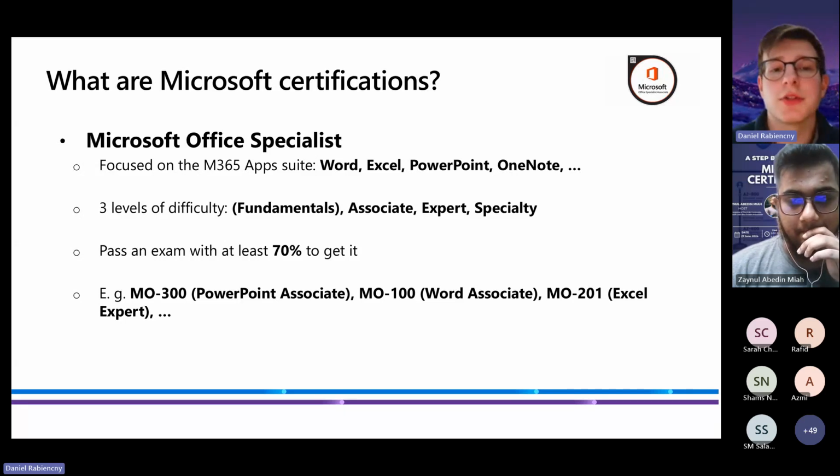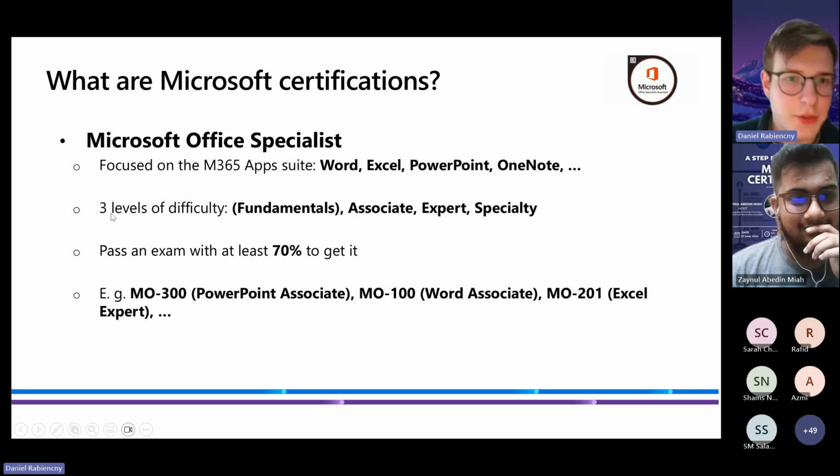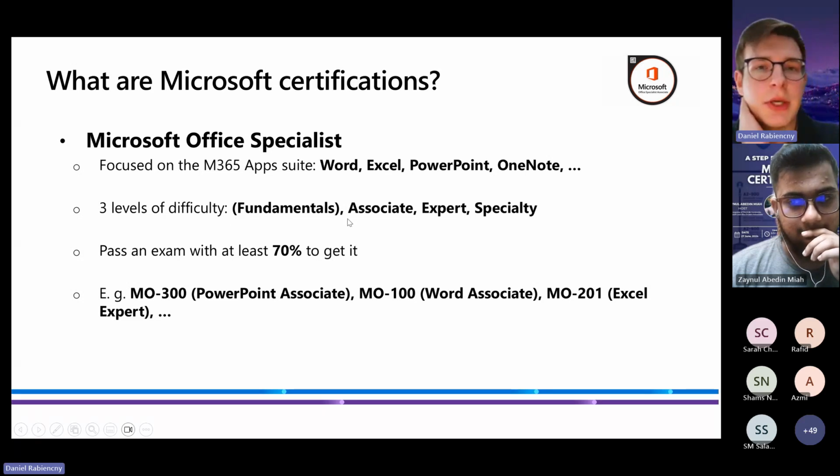There are also 3 levels of difficulty, same as with Microsoft technical certifications. I see that I put one thing wrong here, but never mind. There are 3 levels of difficulty, basically: fundamentals, associate, and expert. I put the fundamentals one into brackets because Microsoft doesn't update them.